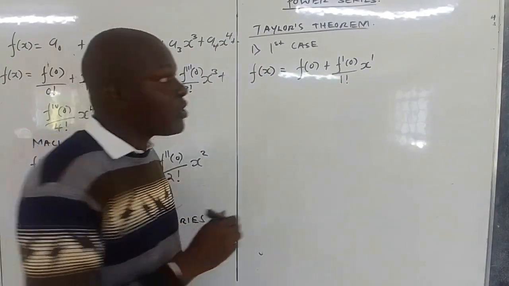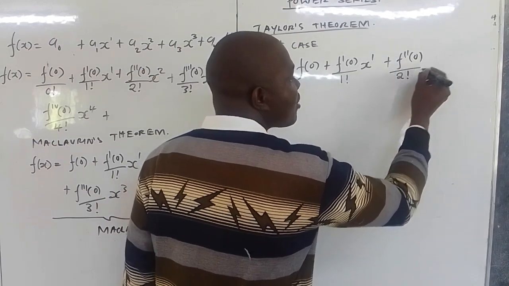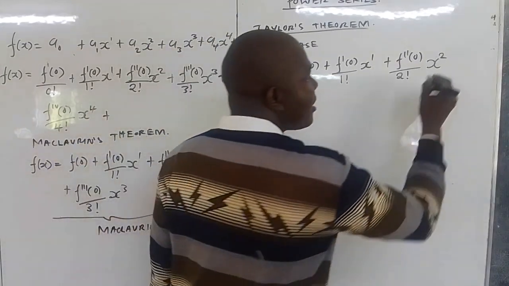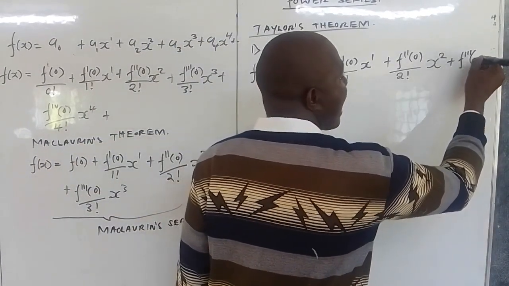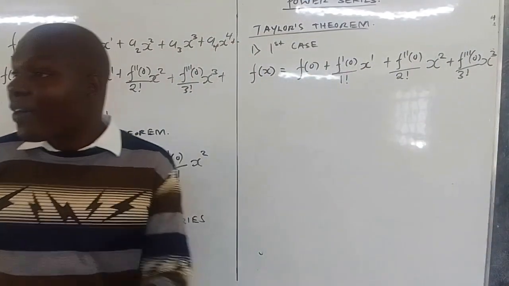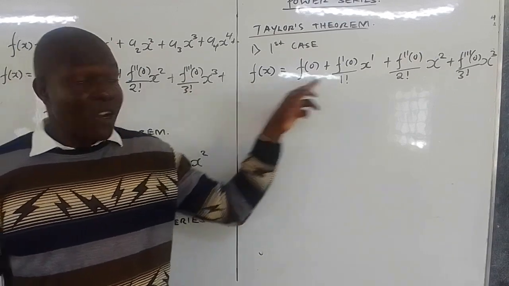When you have f double prime of 0, it is over 2 factorial, then x is raised to power 2. When it is triple prime of 0, it is over 3 factorial, then x is raised to power 3, isn't it? So this is the Maclaurin series.